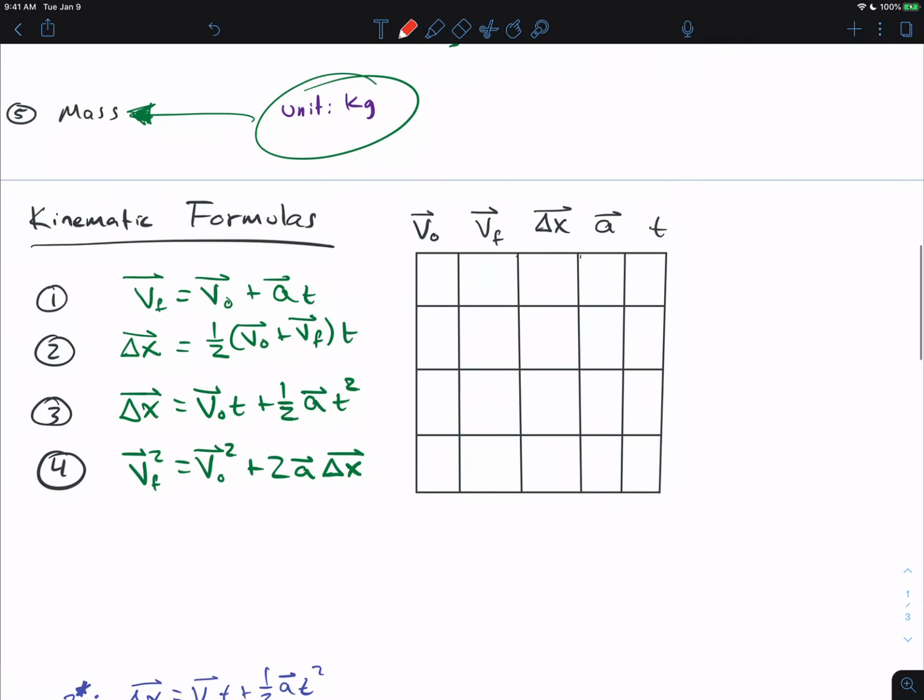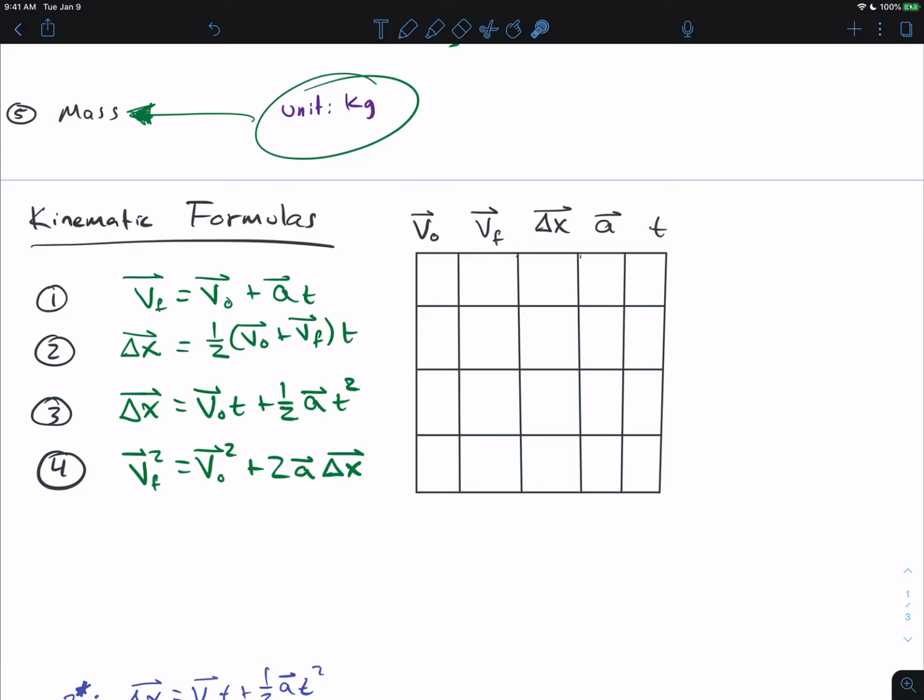So why would I have four formulas for you guys that have the same pieces just kind of shuffled around? Why would we do that instead of just giving you guys one formula that had them all combined and you guys just have to remember one thing and that's it?